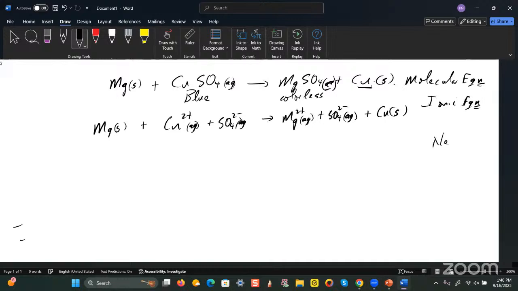So how do we get to the net ionic equation? We look for the common items on both sides, right? The spectator ions. So what would be the spectator ions in this particular equation? What remains unchanged as you go from reactants to product?